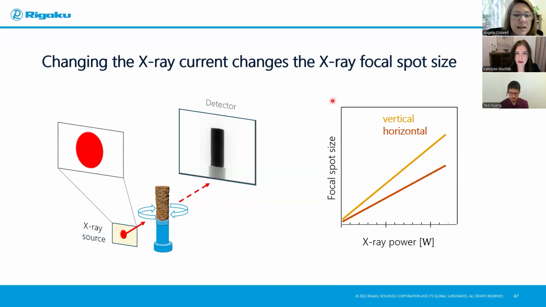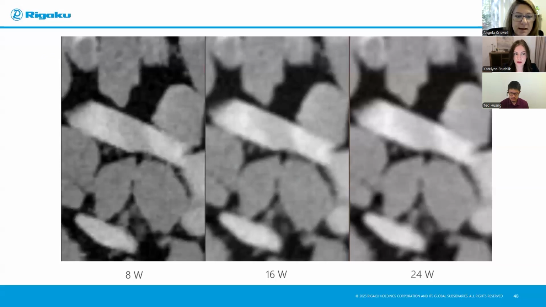Each of these depends on the specific X-ray source that you're using, but generally there are certain regimes which you want to stay in depending on the resolution at which you're measuring or perhaps the field of view. So consult your documentation to learn more about that. Let's look at collecting data at different power settings and the consequence of that. We're going to go back to our rock core sample we saw at the very beginning.